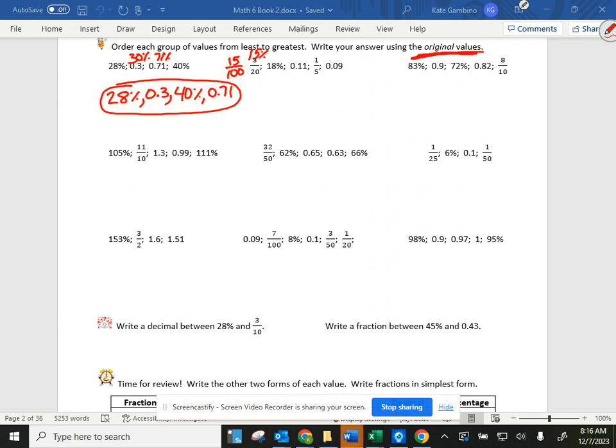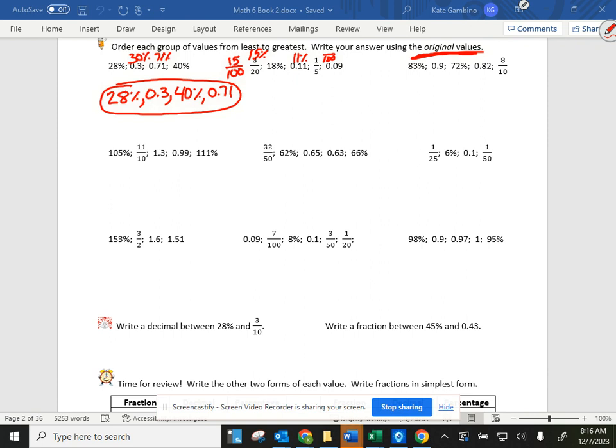Then we have 18%. That's already a percent. 11/100ths. What percent would that be, Marina? 11%. 1/5. What percent would that be? Connor? Yeah, because we have to go to 100 on the bottom.